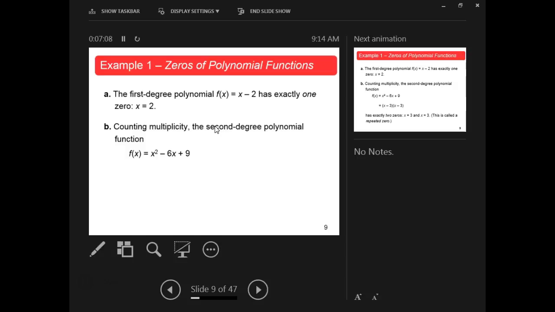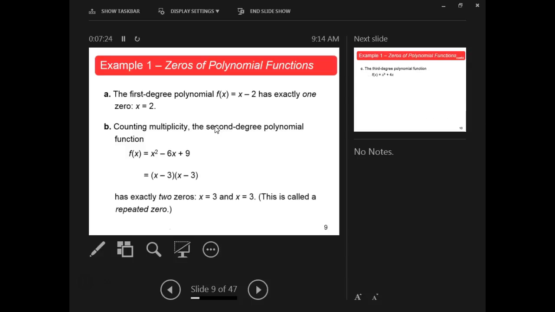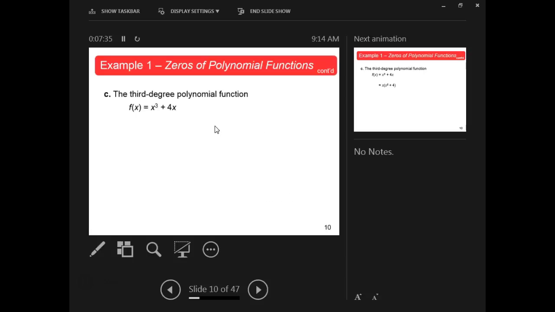So its two zeros are x equals 3 and x equals 3. It's a multiplicity, so that does count as 2 because it does have 2 factors. They just happen to be the same one. So you're absolutely right. Has exactly 2 zeros. They look alike, x equals 3 and x equals 3, called a repeated zero, multiplicity of 2.